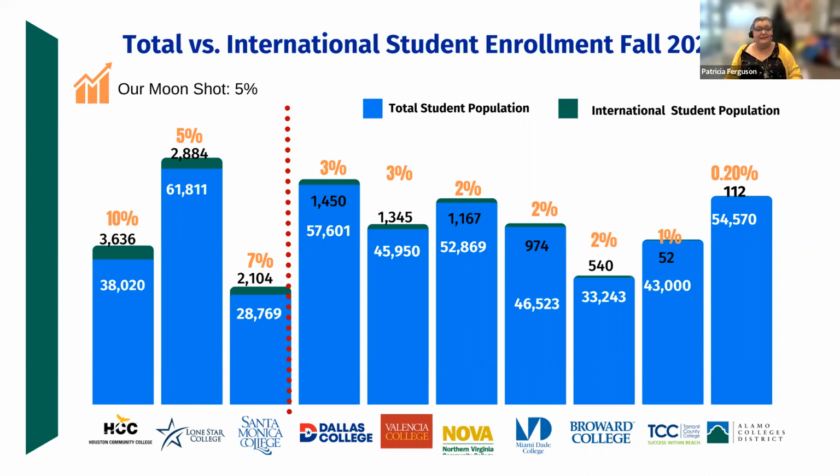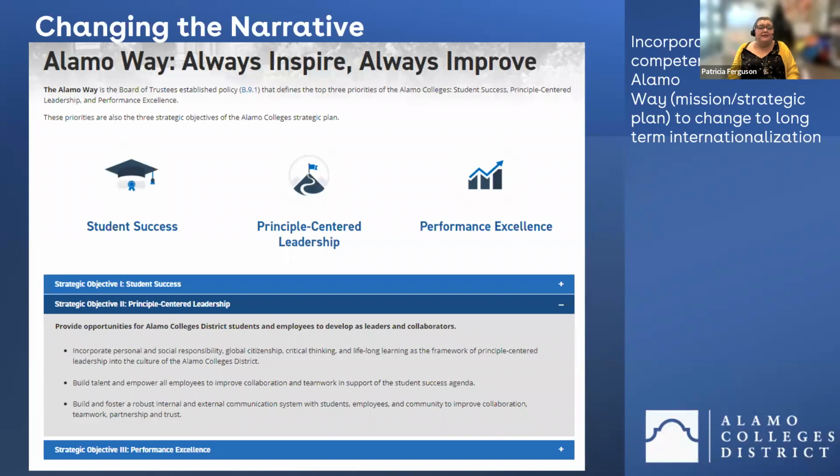The next slide, please. So the other thing we decided to do is really change the narrative. Instead of trying to develop our own strategies in a silo, we looked at what Alamo College's mission, vision, and strategic objectives are.